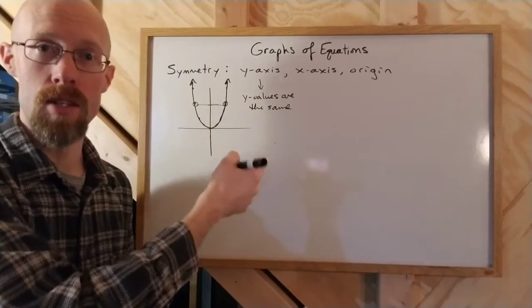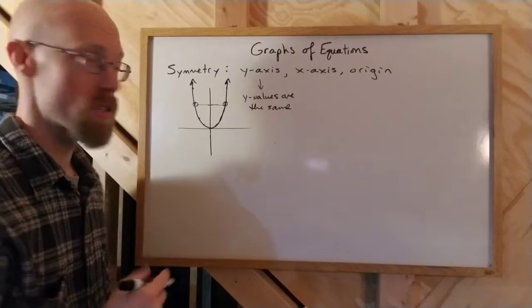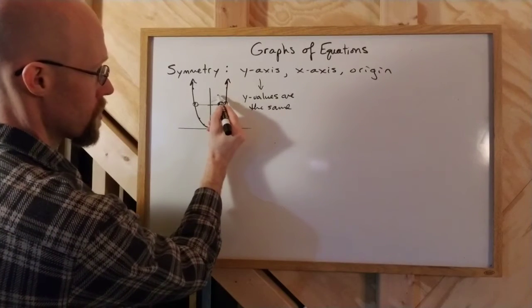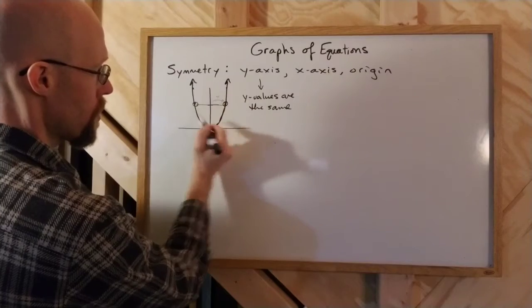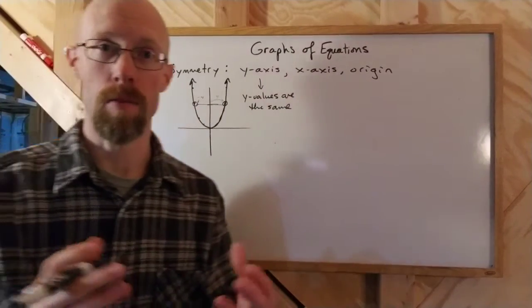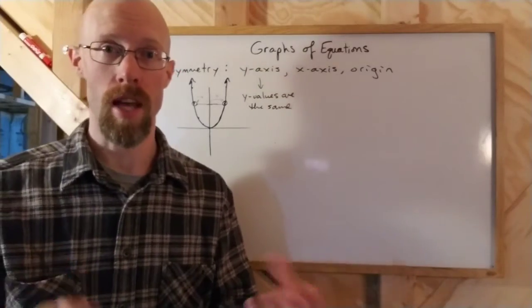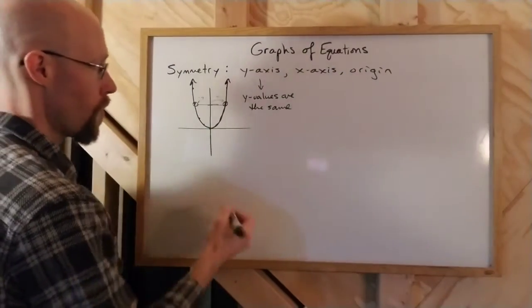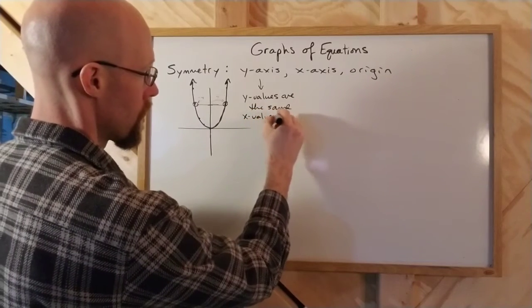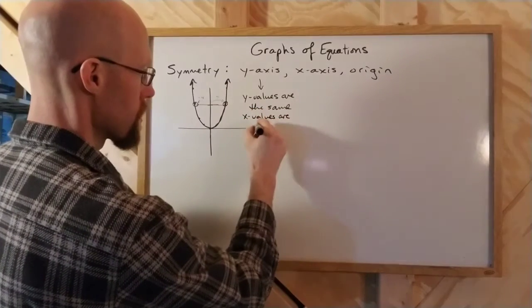There's the same distance on either side of the y-axis. And so if one of them, let's say this one over here was 4, then the other one over here would be at -4, right? They're opposites. They have to be the same distance, but on different sides of the y-axis. So the x values are opposites.